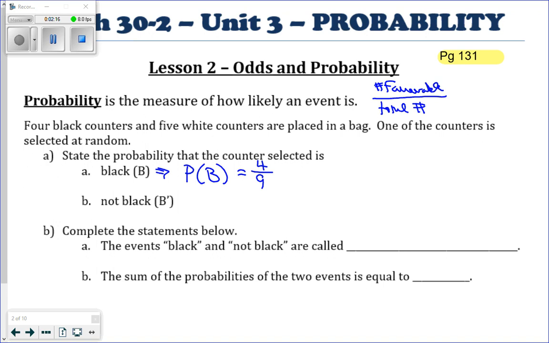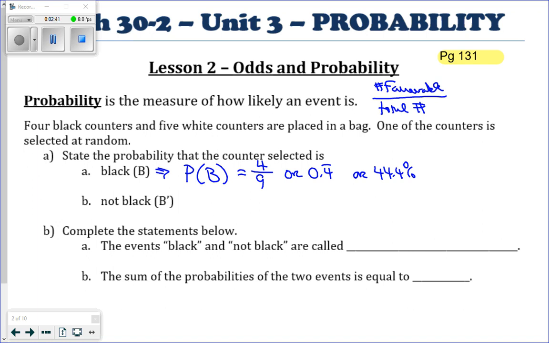If you punch that into your calculator, you would get 0.4 repeating, and as a percent, it's 44.4%. On my tests, on any quizzes, on the diploma, if they don't have it written as fractions, you have to convert it to a percent or a decimal to make it match. I'm assuming you know how to do that.